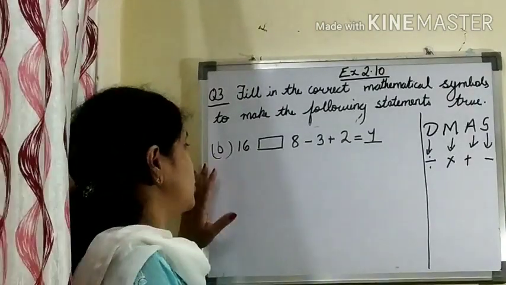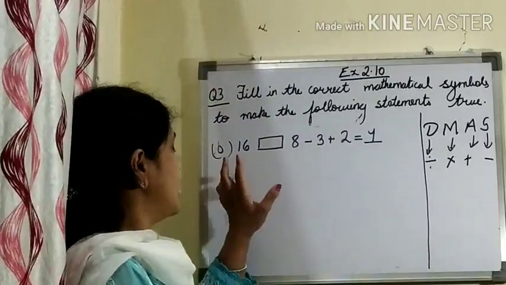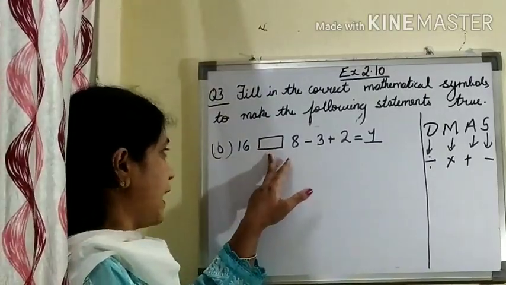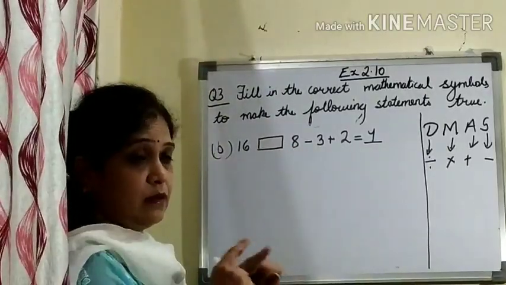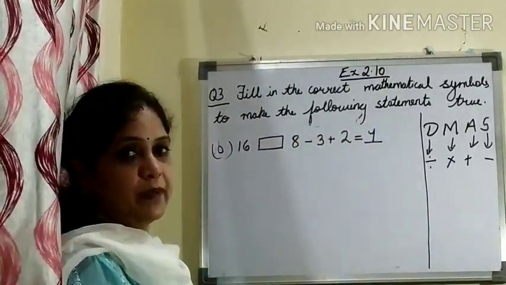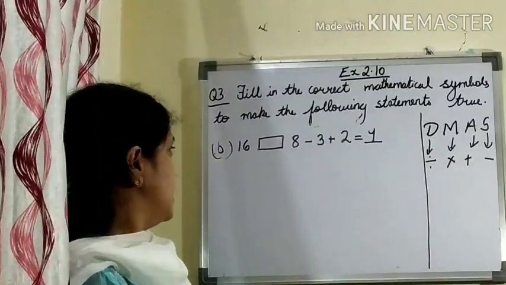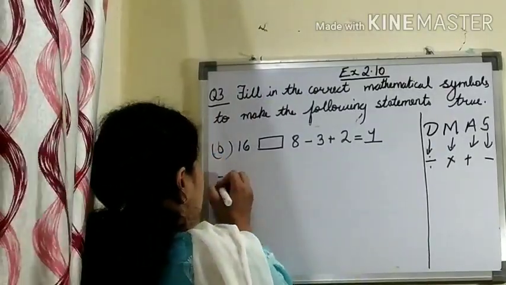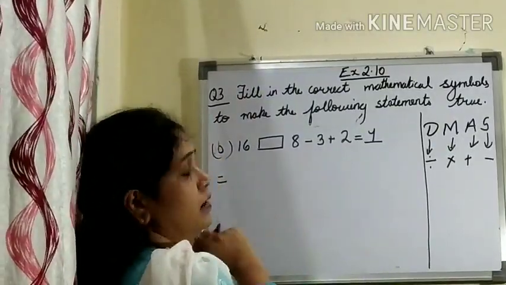Now let us do B1. The B question is 16, box, 8 minus 3 plus 2 is equal to 1. How are we going to solve this one? Here also I am going to try all the possible outcomes.